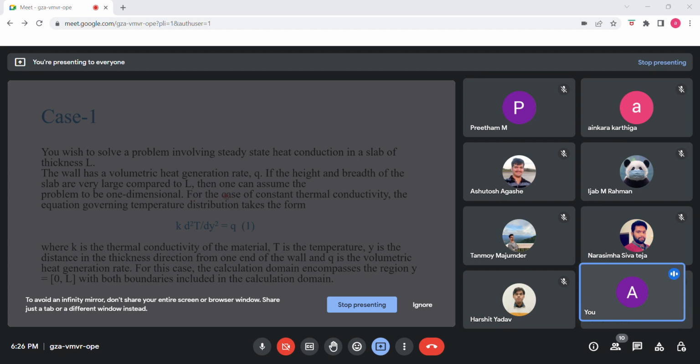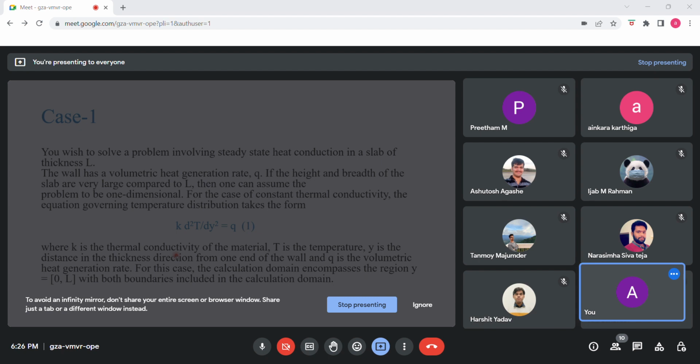For the case of constant thermal conductivity, the equation governing temperature distribution takes the form Q is equal to −K d²T/dy². K is the thermal conductivity, T is the temperature, y is the distance in the thickness direction from one end of the wall, and Q is the volumetric heat generation rate.